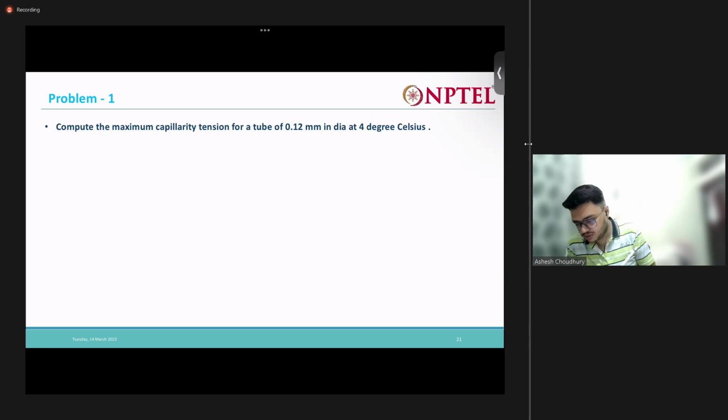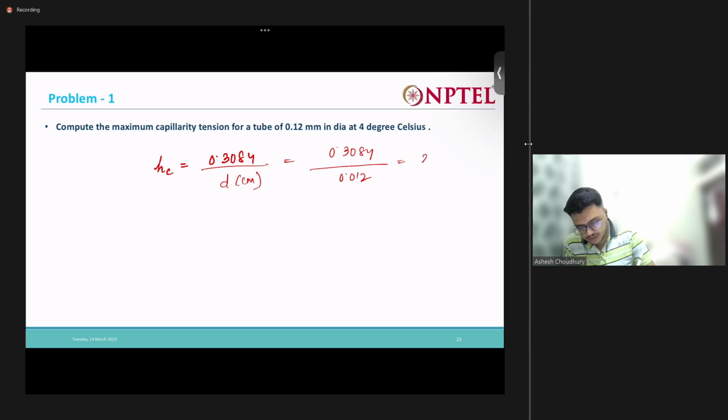We know that hc is given by 0.3084 by d centimeter. So 0.3084 divided by 0.012 gives 25.7 centimeter as the height of capillary rise, which is 0.257 meter.